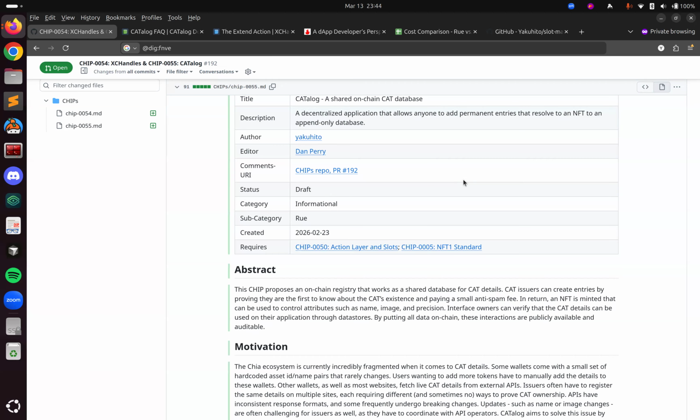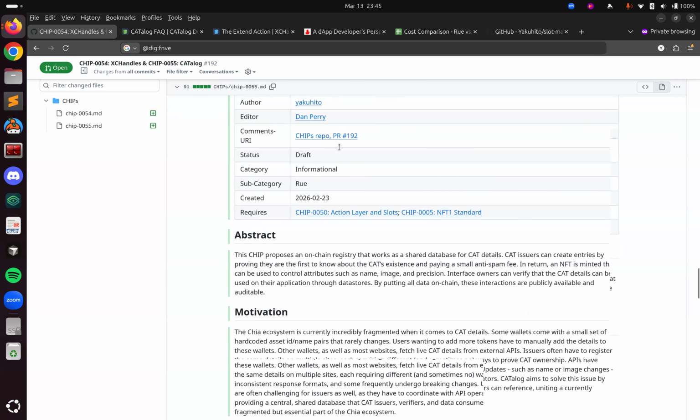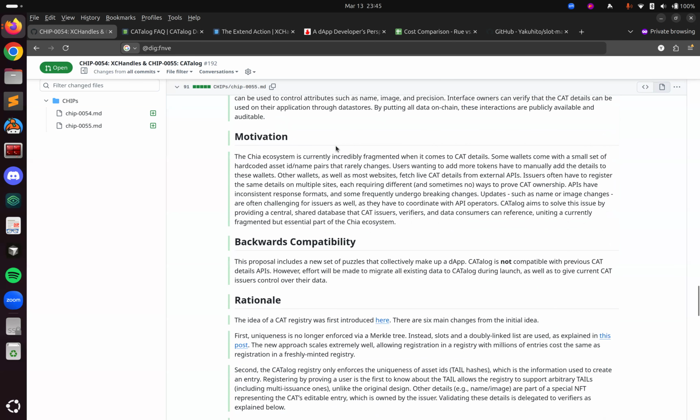Some I might just want to ignore because my website is specialized to category A in Catalog of tokens, and Catalog contains all possible tokens. So the main idea is Catalog acts as a shared database of details for CATs that you can then reference on this layer of verifiers, and then you get the token details.